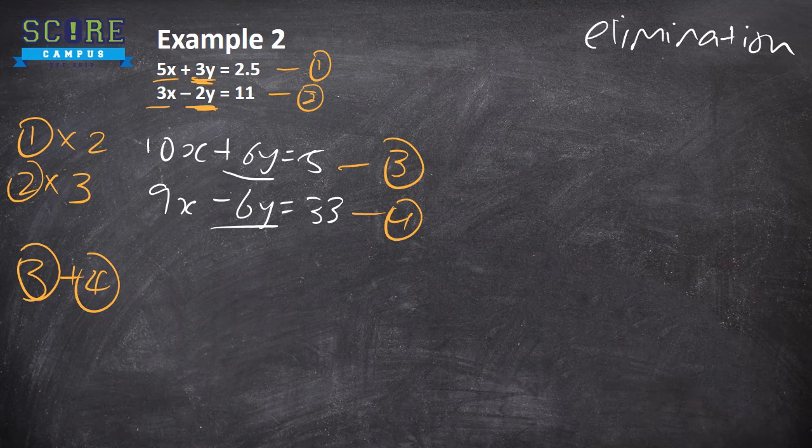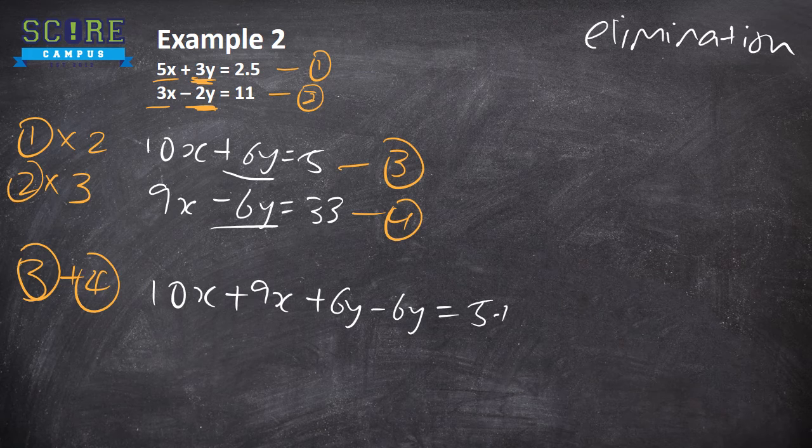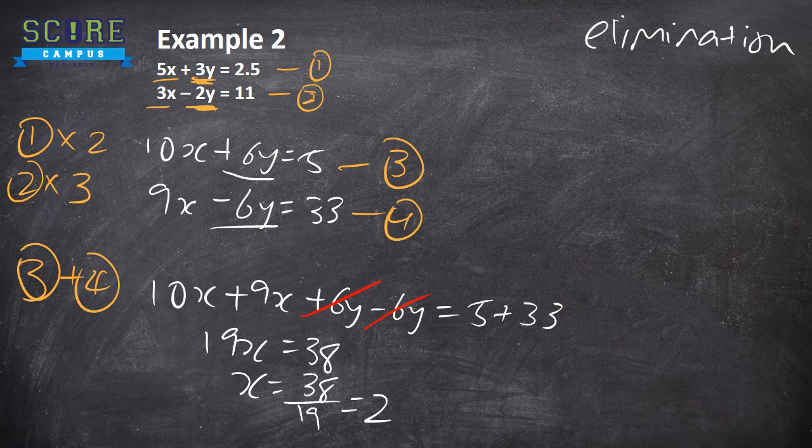So equation 3 plus 4, what will you get? 10x plus 9x plus 6y minus 6y equals to 5 plus 33, correct? So plus 6y minus 6y will cancel out. Then 10x plus 9x, 19x equals to 38. x equals to 38 over 19 equals to 2.